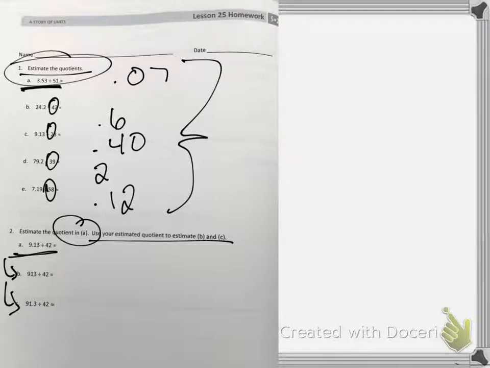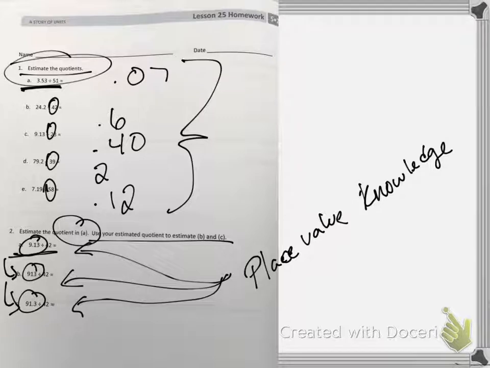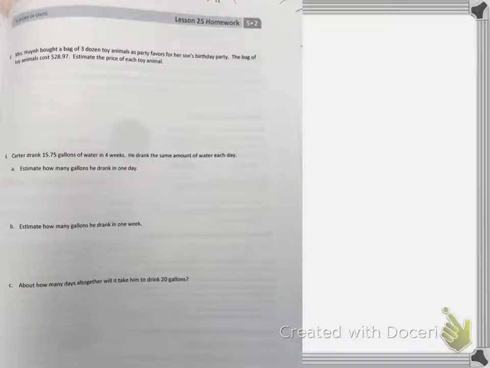What they're paying attention to here is the place value. They're using place value knowledge to determine what these two down here should move to, looking at the dividends. So the dividends are on all different place values. They're using that place value knowledge to move those around.